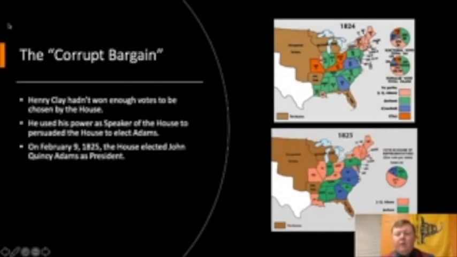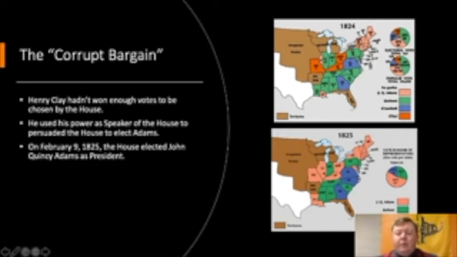One thing that's important to look at here, in 1824, in this map over here to the right, Henry Clay's states that he won are in orange. So mainly Missouri, Kentucky, and Ohio. This bottom map in 1825 shows how the House of Representatives voted.